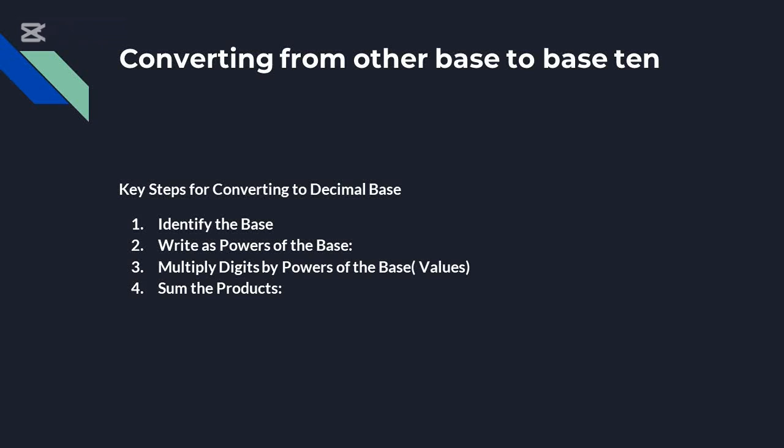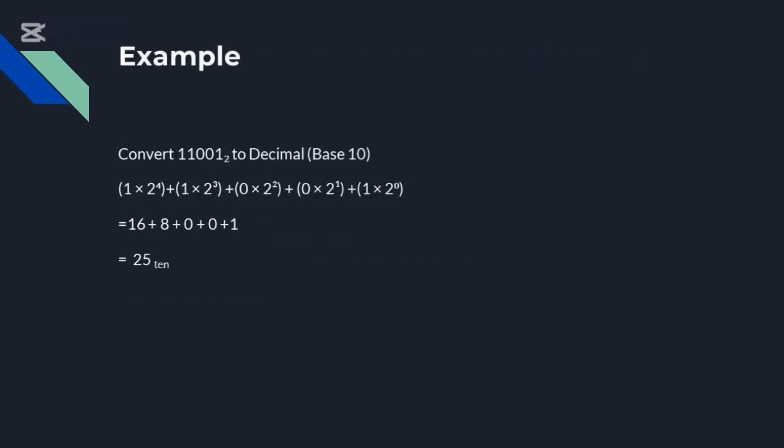Let's look at the example. Convert 11001 base 2 to the decimal base. We start off by identifying the base. The base is 2. After identifying the base, you give powers with respect to the base. So I'll give powers in ascending order, that is to say from small to big, from my right hand side.